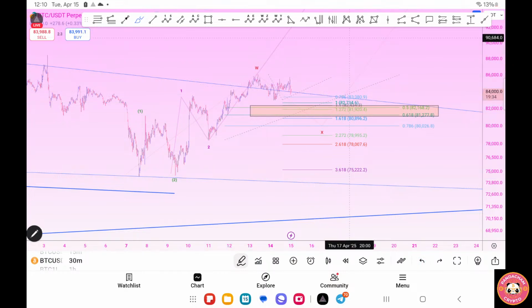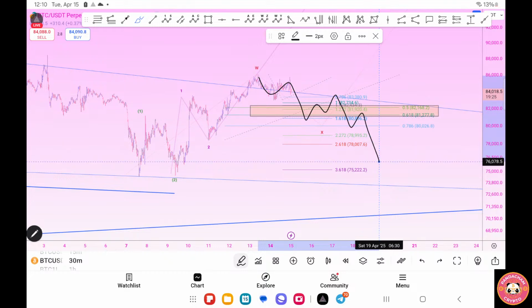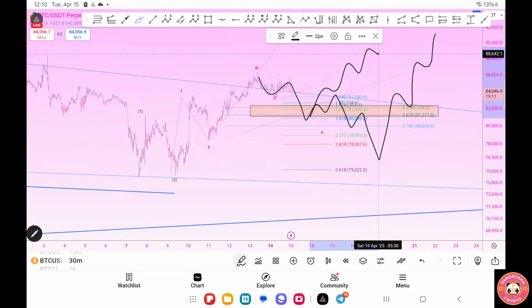Now like I said, if it goes further down, hitting the 1.618, then the correction can prolong a little bit more, then we can go to the upside. Now if it does not hit the 1.618, like it barely touches it a little bit, then I guess it can still go forward to the upside.